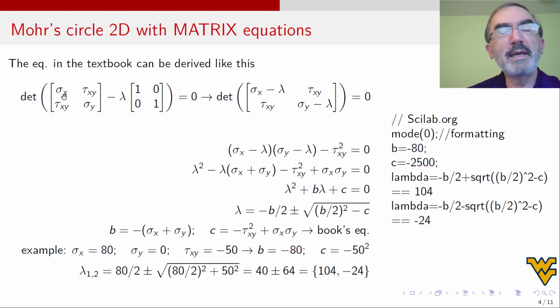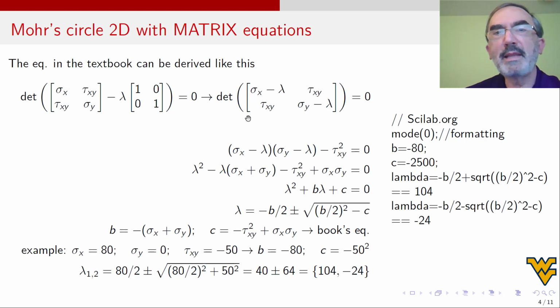So now if I operate here, you see sigma x minus lambda times 1, I can put right here, sigma x minus lambda. And sigma y minus lambda times 1, I put it there. And tau xy minus lambda times 0 becomes tau xy. Tau xy minus lambda times 0 becomes tau xy. So this is the same, okay?